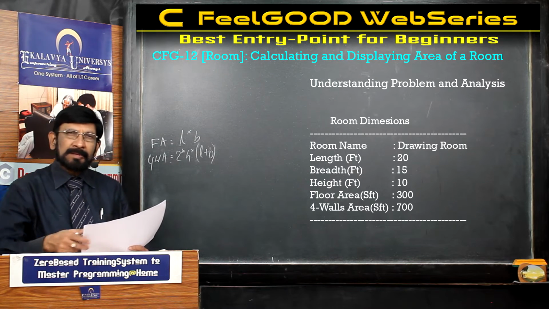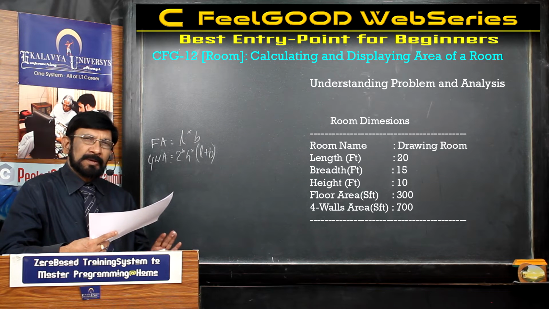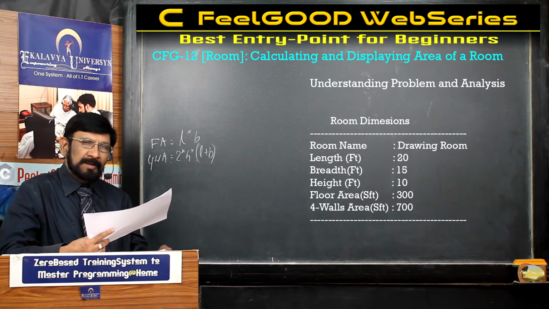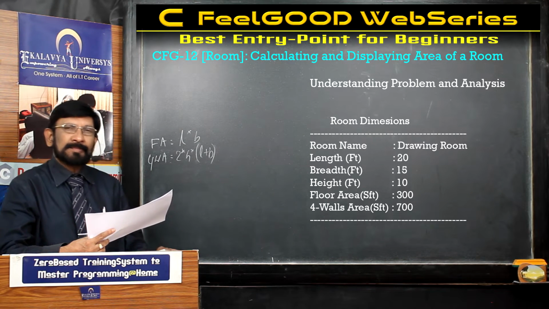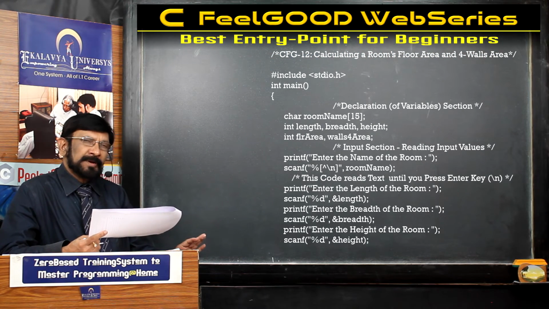That's good, because error is human. Any time you may commit error. That's why without testing your result manually or using a calculator, don't take it for granted that it is correct. Okay. Now I explain the program statement wise.